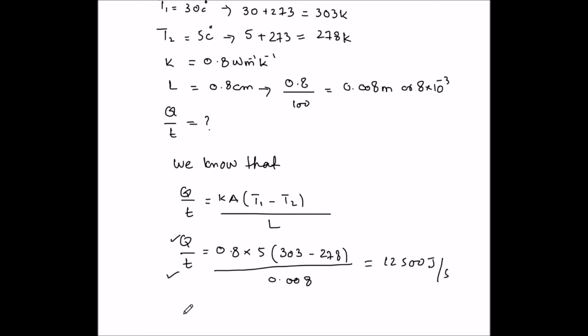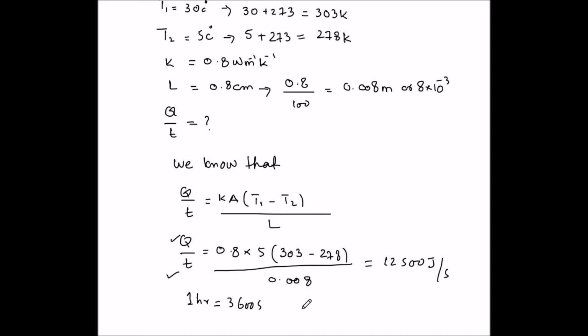But in this question, he asked for the energy lost in 1 hour. What we calculated here is energy loss in 1 second. So you need to convert your answer to energy loss in 1 hour. You know well, 1 hour is equal to 3600 seconds. If energy loss in 1 second is 12,500, then what would be the loss of energy in 1 hour?